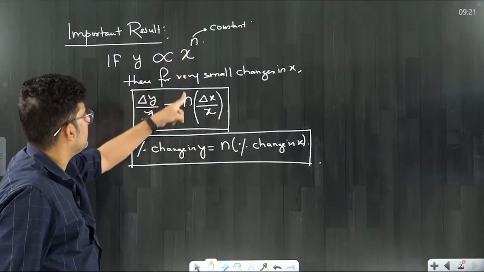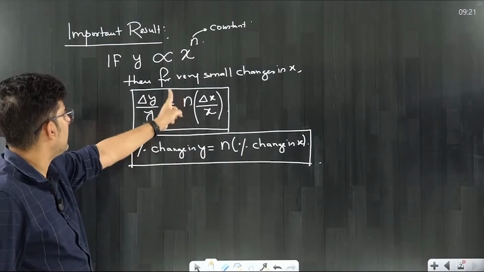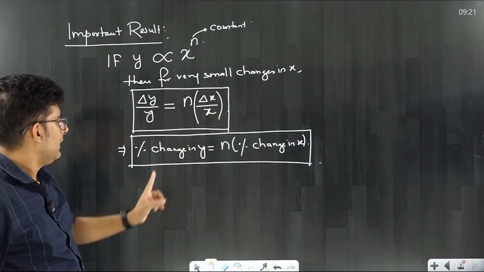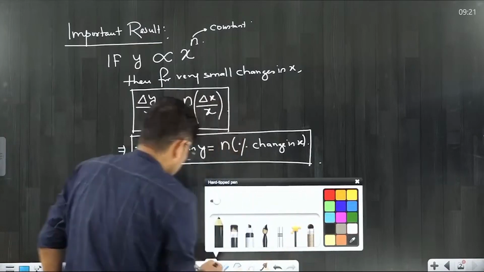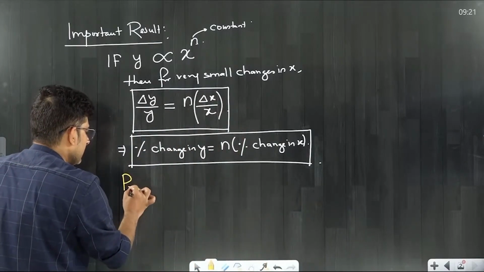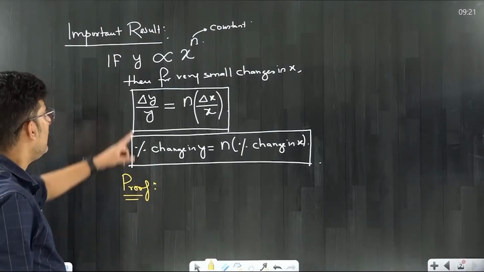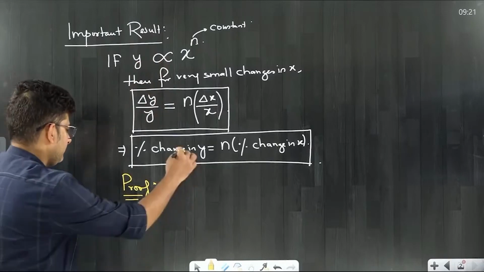The power just needs to be multiplied. So in one line you will get the answer, but this concept is applicable only for very small changes, right? So let's see the proof and then we will see numericals on this and also what to do if the changes are not small.